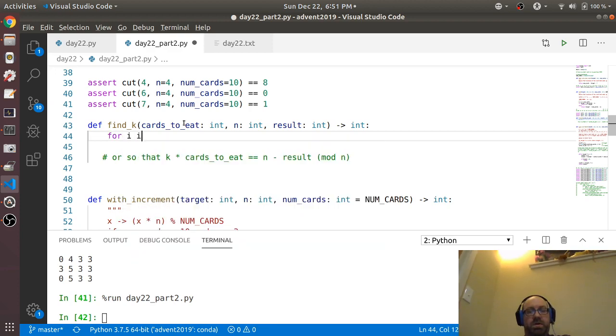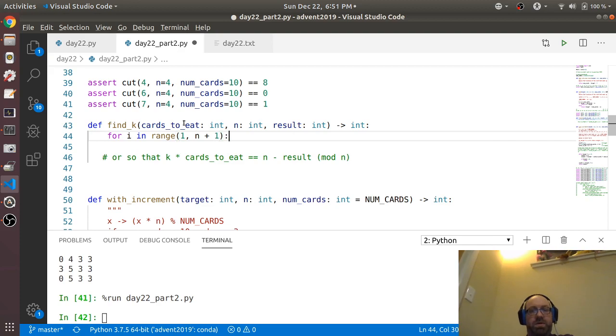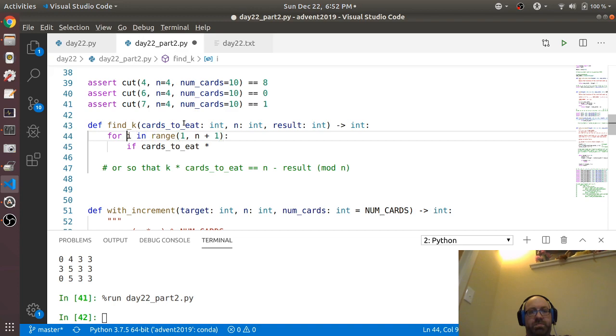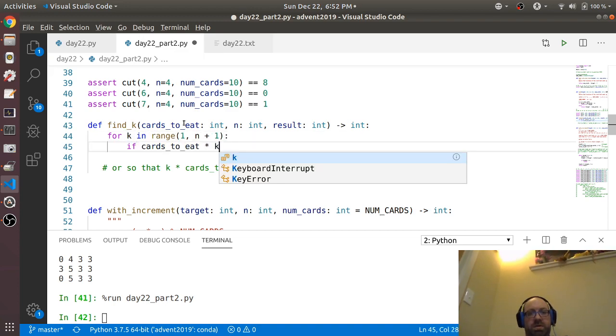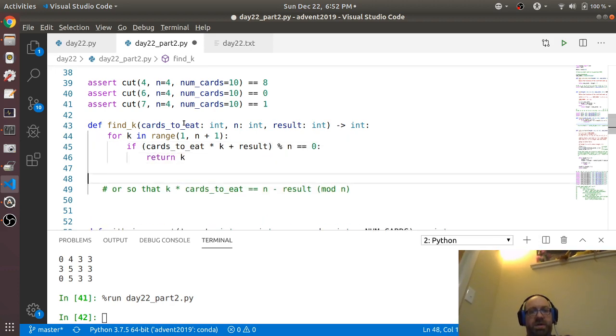So for i in range 1 to n plus 1, let me do k: if cards to eat times k plus results mod n equals 0, I return k.